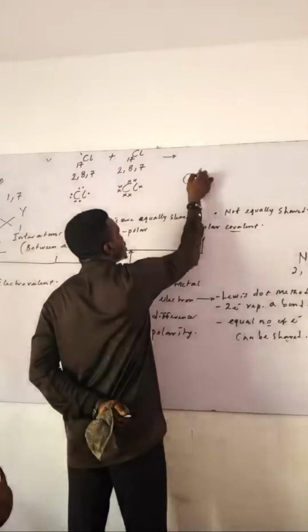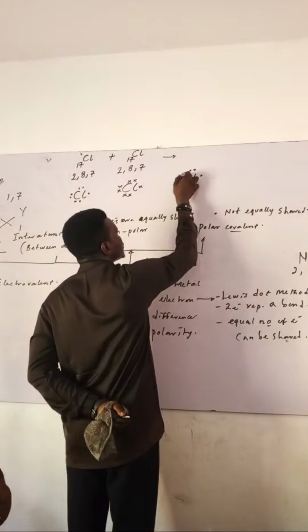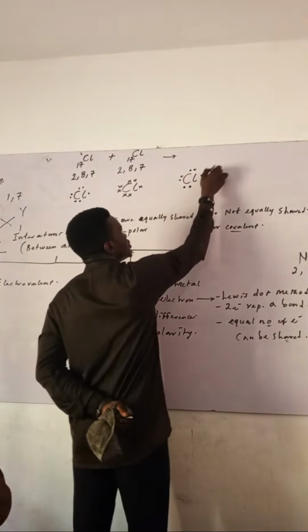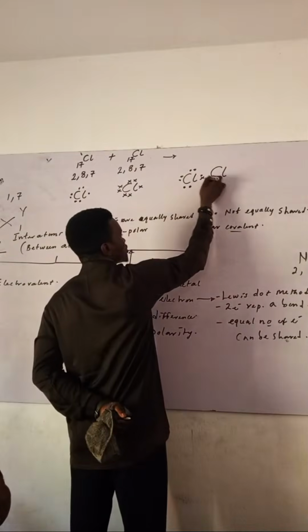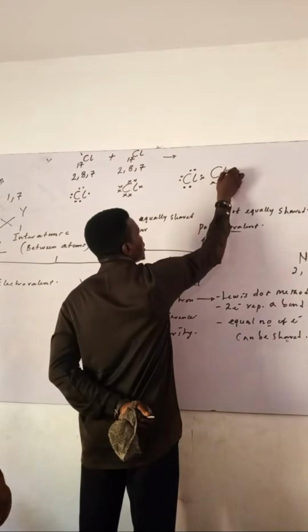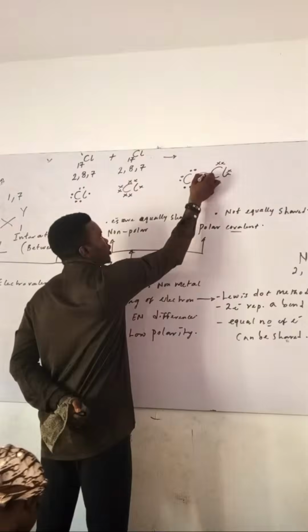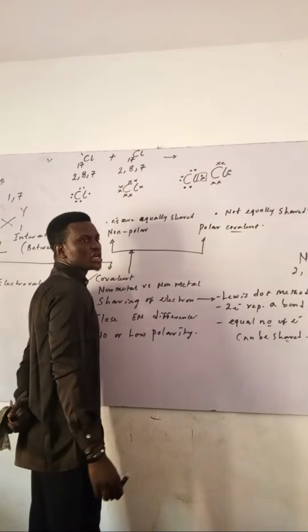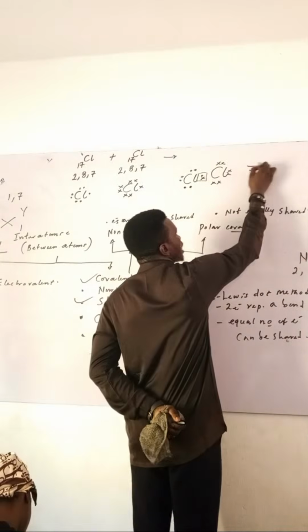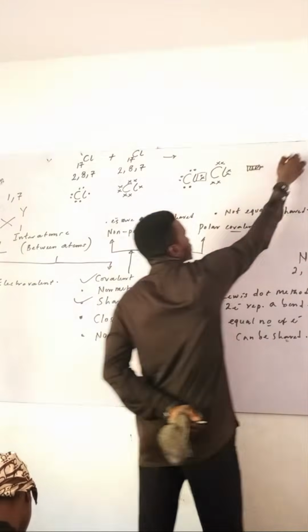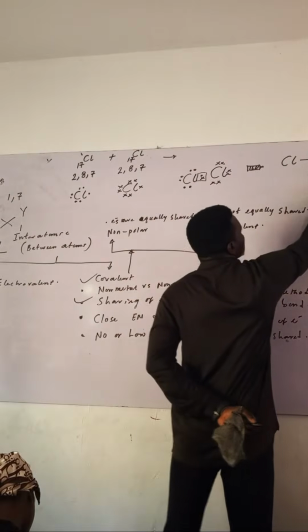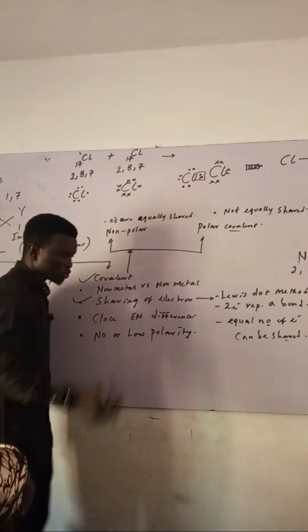So this chlorine brings its own dot. The other chlorine brings its own cross. Then they pair up like that. At the end of the day, they will form a bond between them because they are sharing electrons. Then you are going to have a bond. 2 electrons represent a single bond.